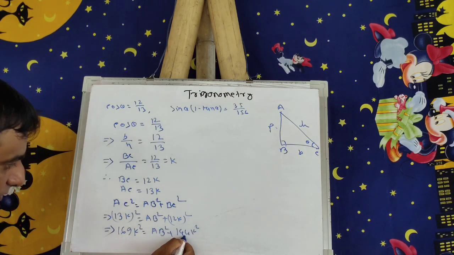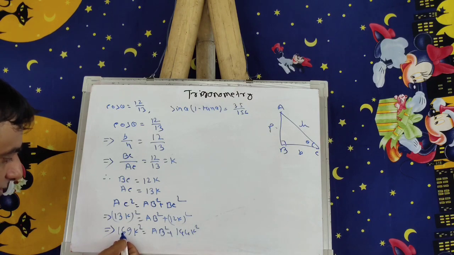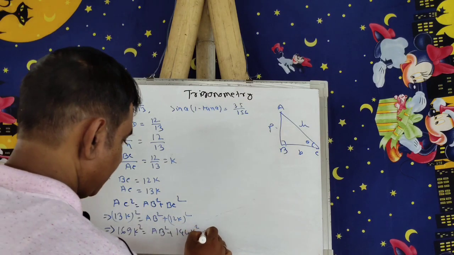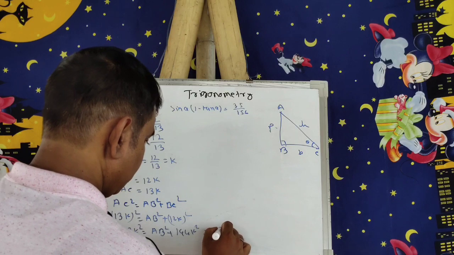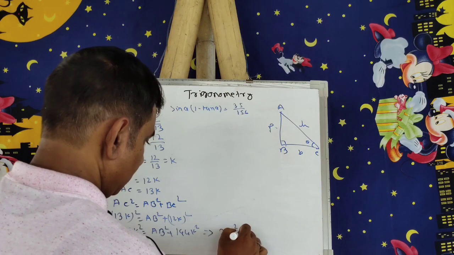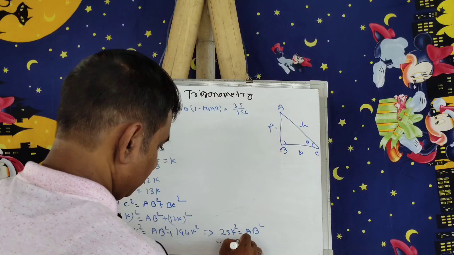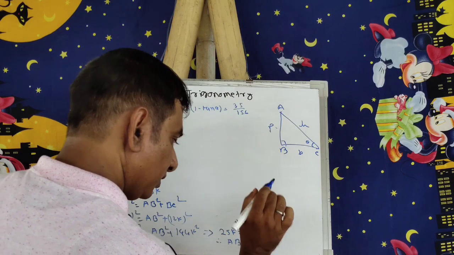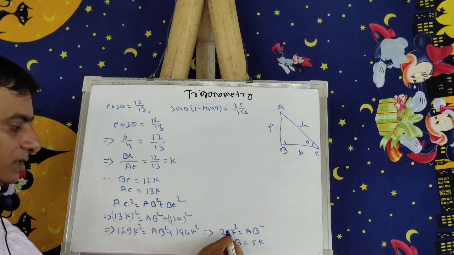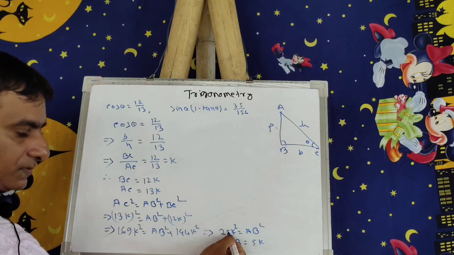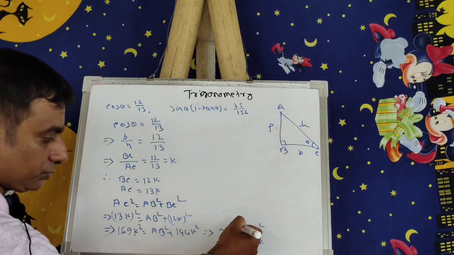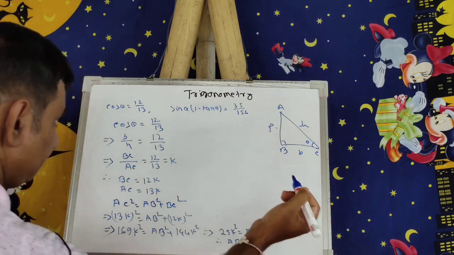So, shift this 144K square to this one. So, this implies 169 minus 144 is 25K square equal to AB square. Therefore, AB equal to 5K. Understood? So, 25K square means 5K whole square, 25 means 5 square K square. So, AB equal to 5K.